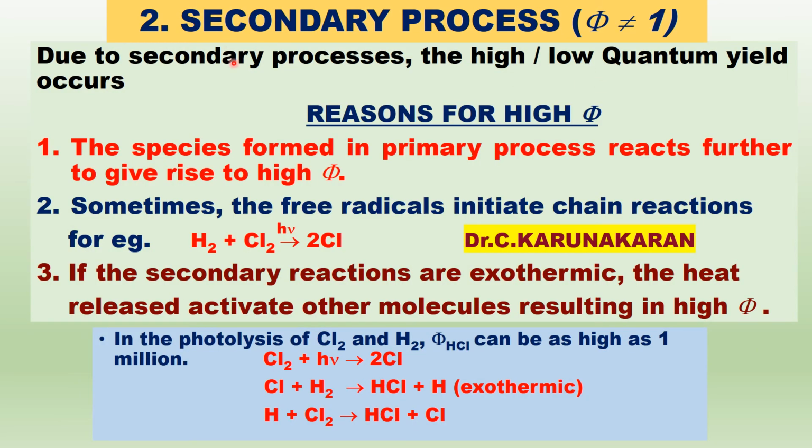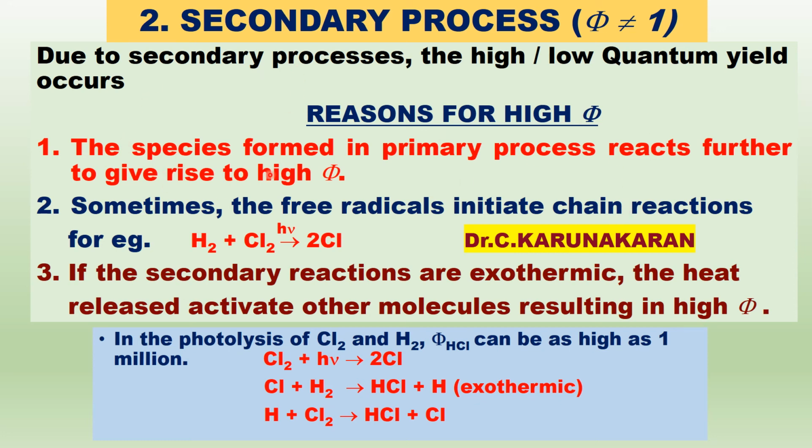Now, what is called the secondary process? Why do we study the secondary process? Due to these secondary processes, the photochemical reactions will have high quantum yield or low quantum yield. Now we will see what the secondary processes are and also the reasons for high quantum yield.